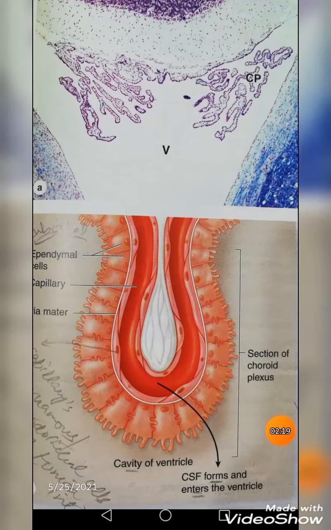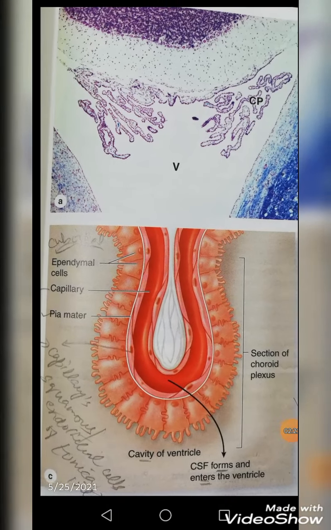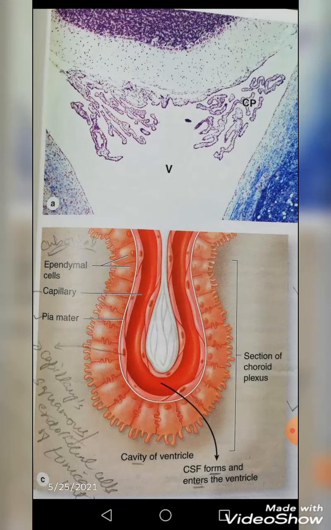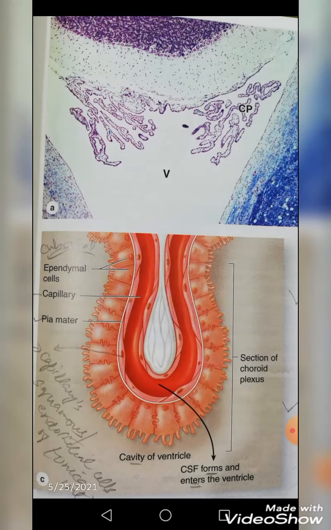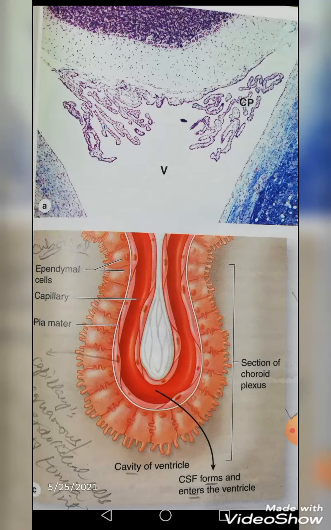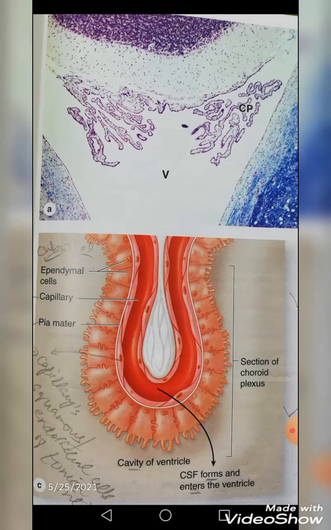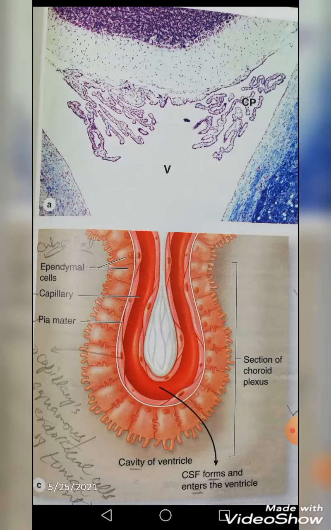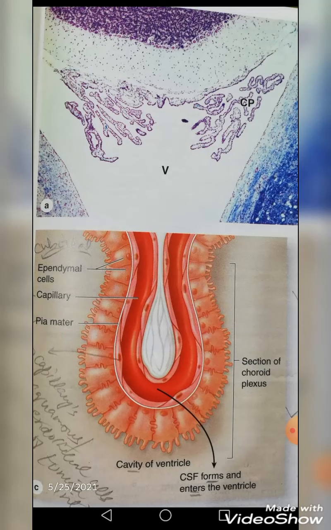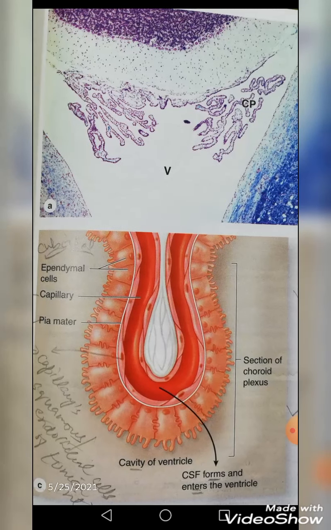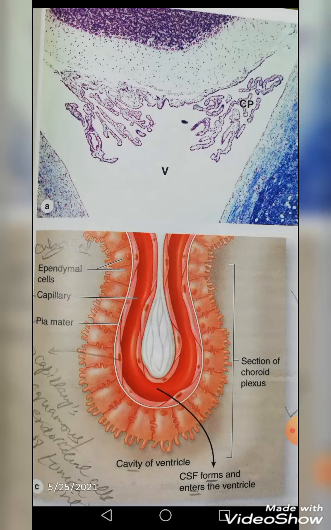Here in this picture, we are supposed to see another function of the pia mater. You are looking at a slide above and the schematic representation below of the choroid plexus. Okay, what is the choroid plexus? Basically, it is a highly specialized tissue that shows folding into many villi, and you can see them projecting into the ventricles.